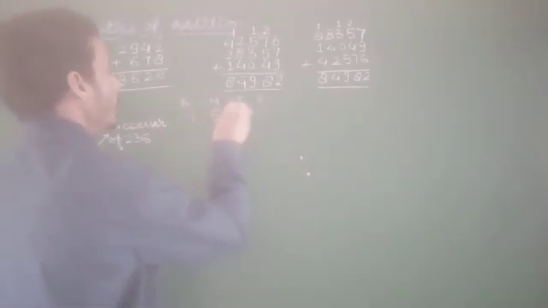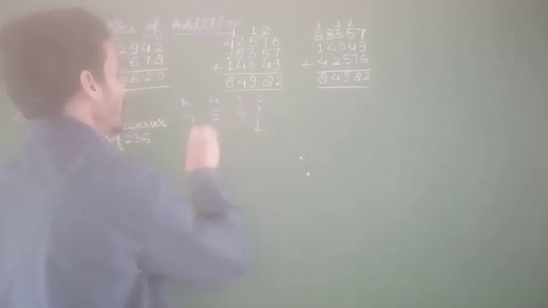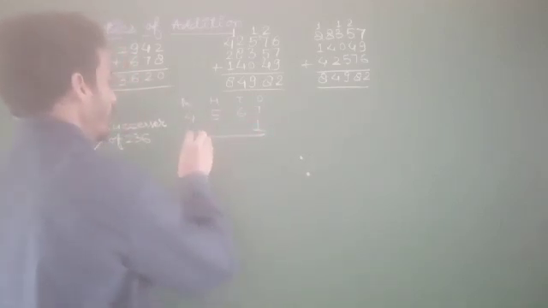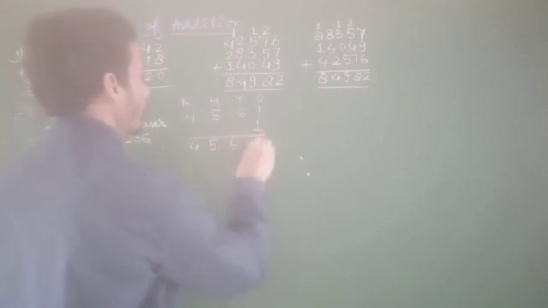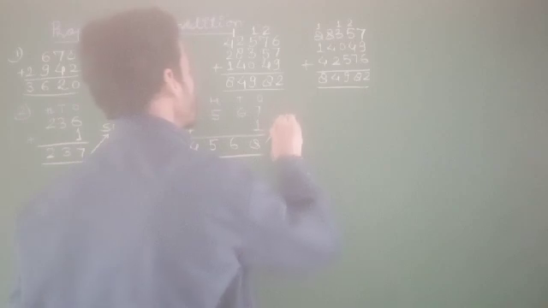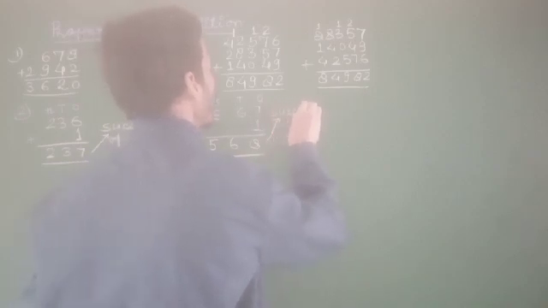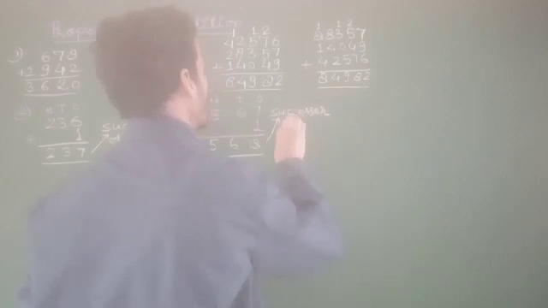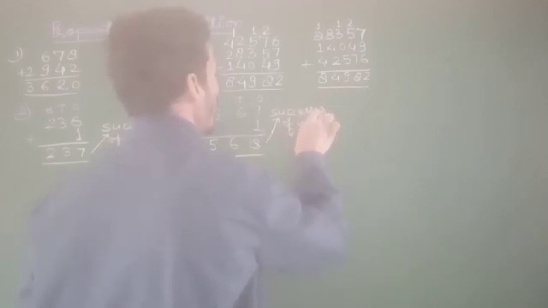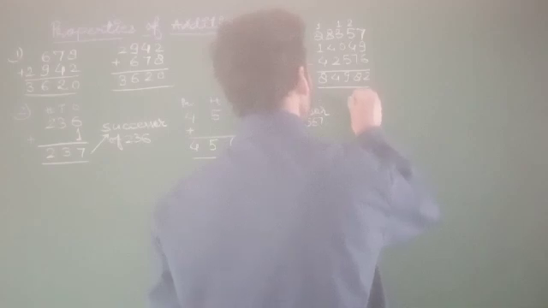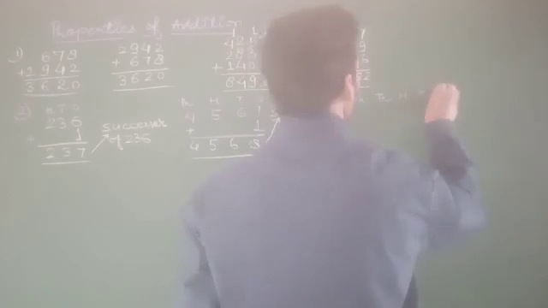The next example, you can see here thousands, hundreds, tens and ones. 4567 plus 1 is 4568. So 4568 is the successor of 4567. Let's see another example, that is ten thousands, thousands, hundreds, tens and ones.